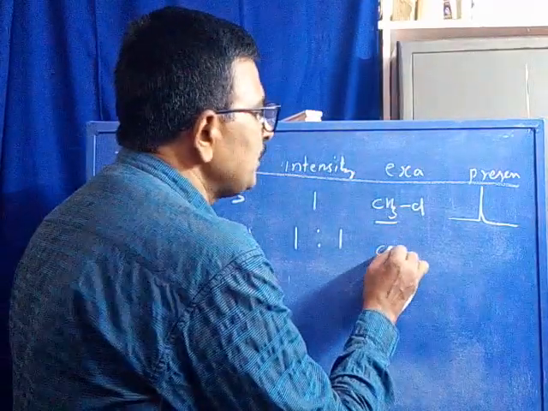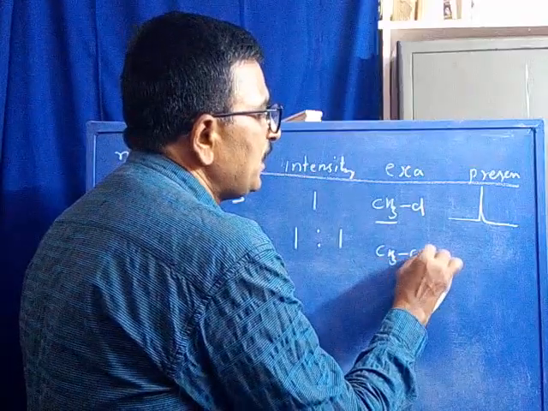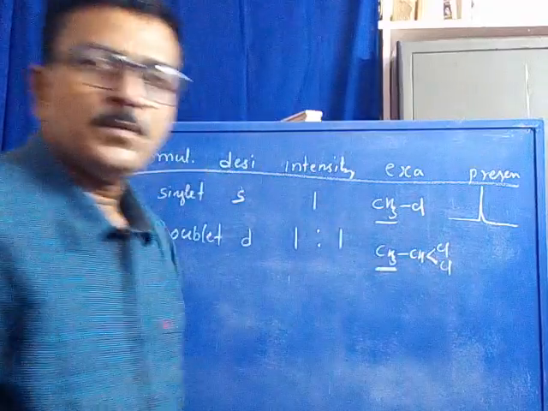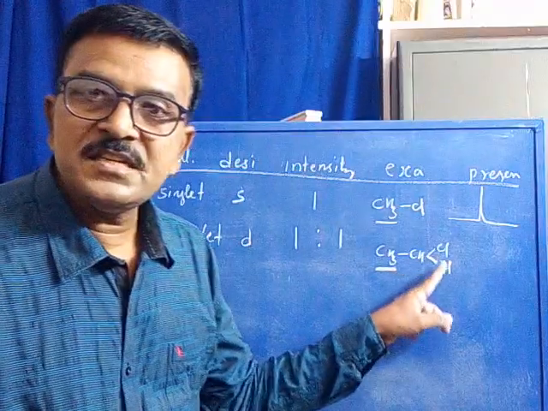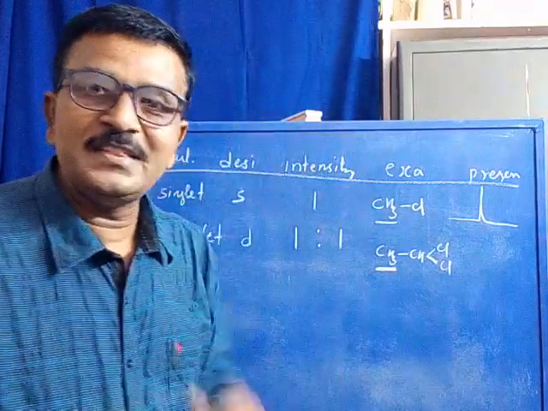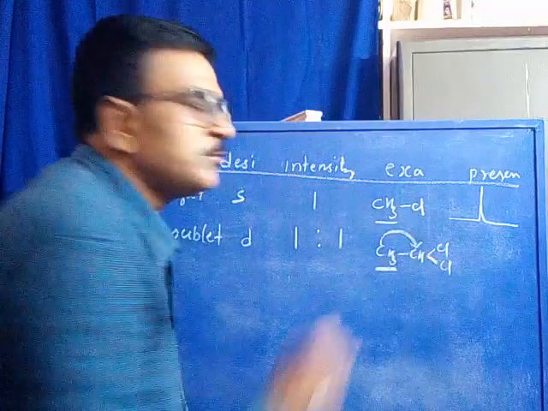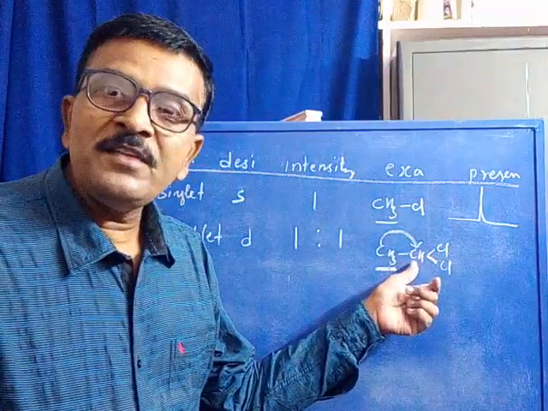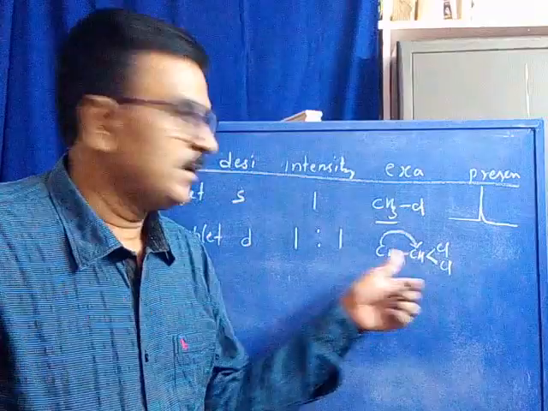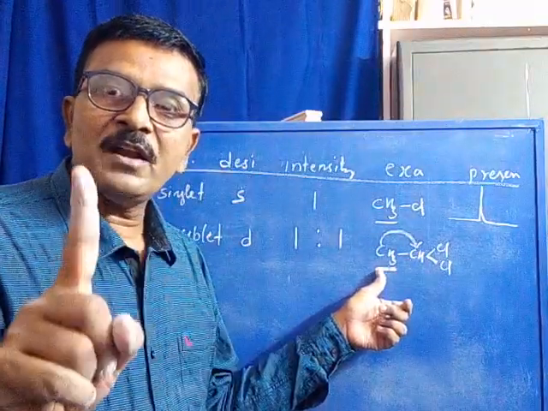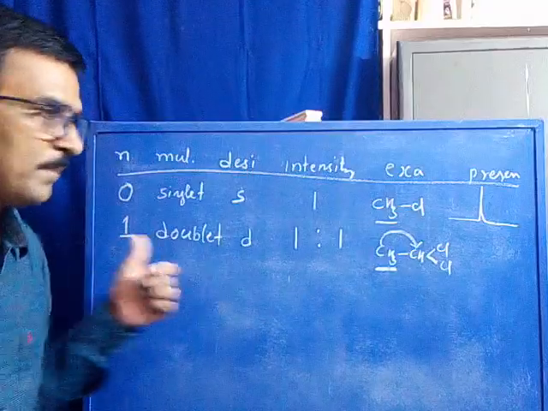Example, CH3CHCl2, 1,1-dichloroethane, where the CH3 group is coupled with the CH proton. How many CH protons are there? One. For the CH3 group, it has only one adjacent, where n is equal to 1.